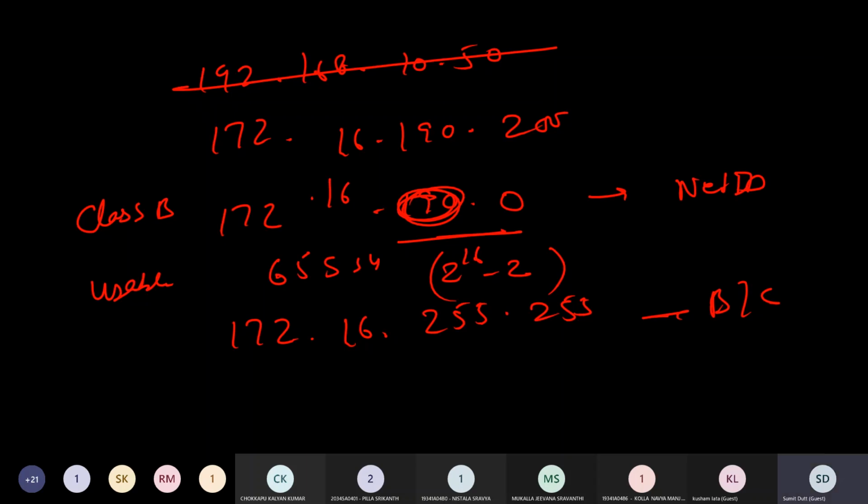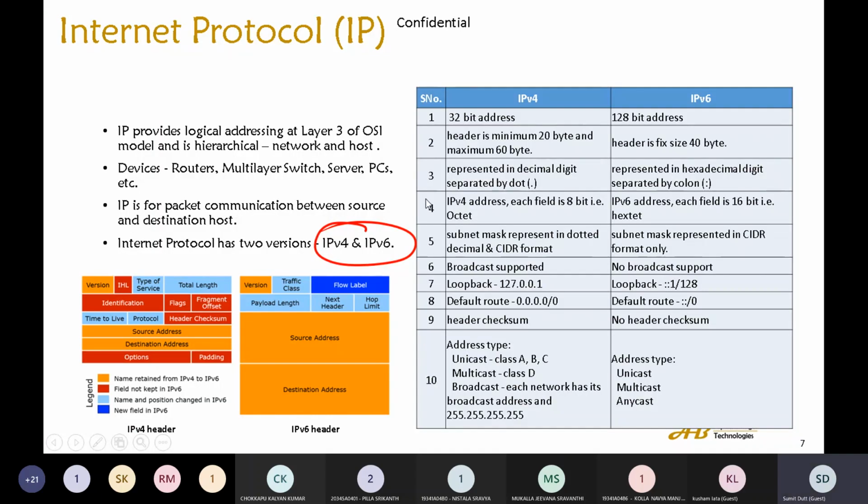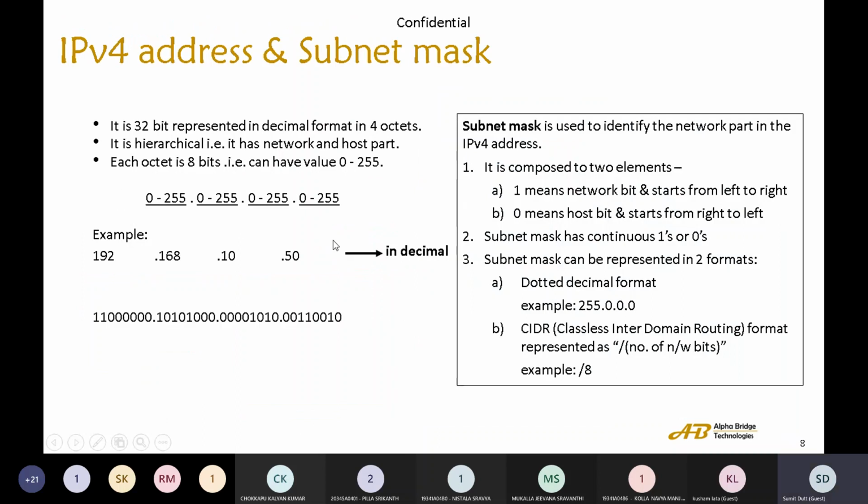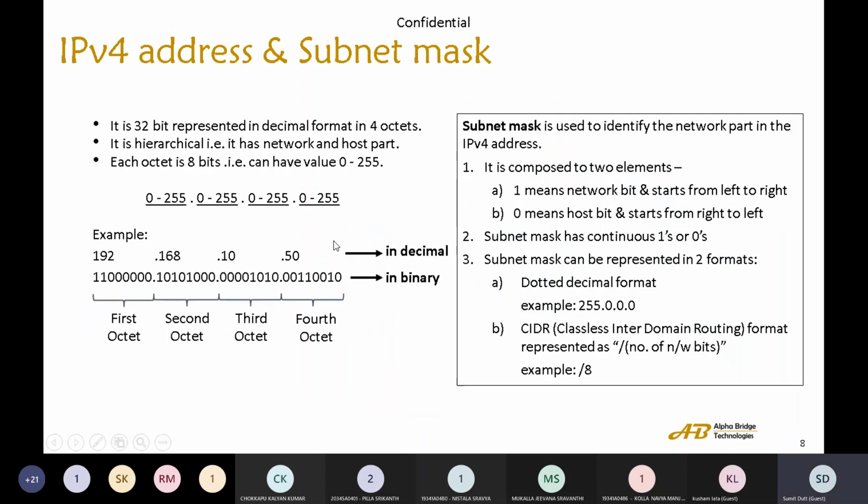So let's move to the next topic, which is IP address subnetting. Can anyone tell me what you mean by subnetting?